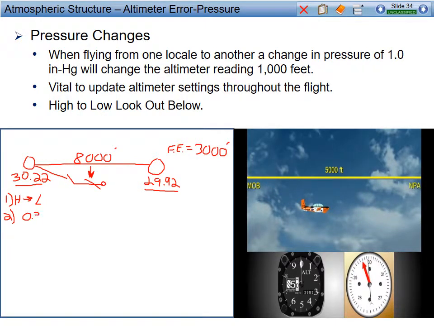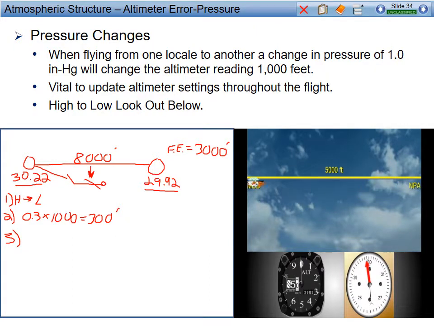In this case, it's 0.3 inches of mercury. To account for the standard pressure lapse rate, we multiply times 1,000, and we get 300 feet of error. So we know that we are 300 feet lower than our indicated altitude of 8,000 feet.